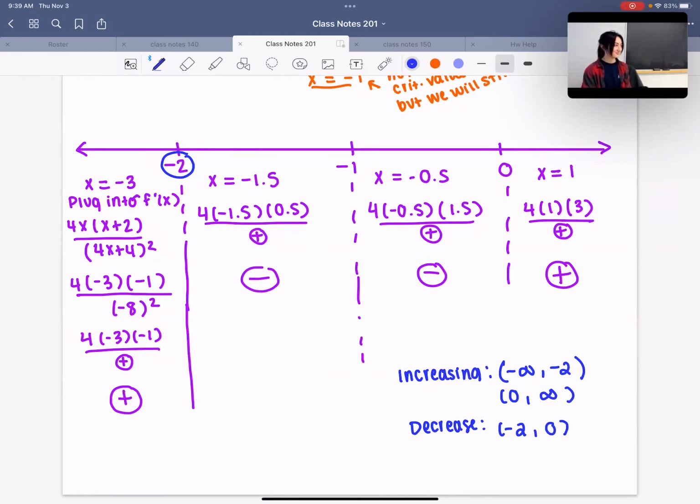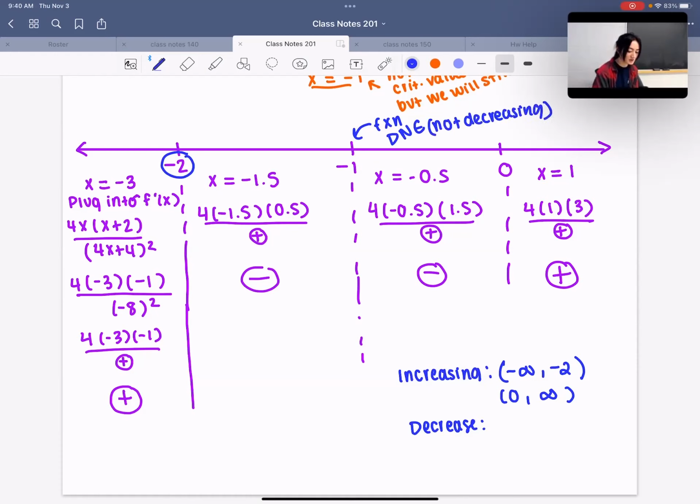Well, it's just a hole, technically. Yeah, right. Our function doesn't exist at -1. Okay, so can we be decreasing where the function doesn't exist? No, right? So since we have a hole here, the function doesn't exist, so we're not decreasing.